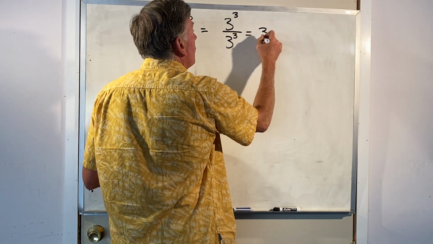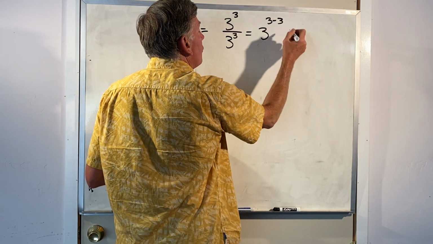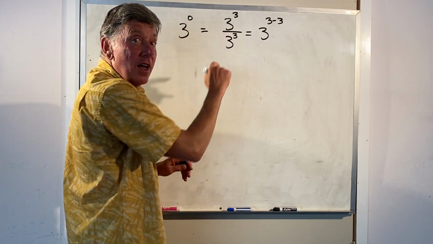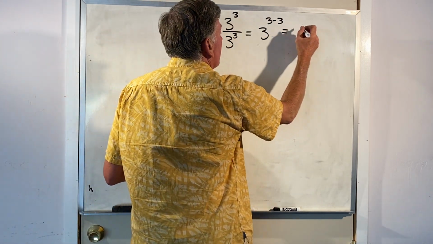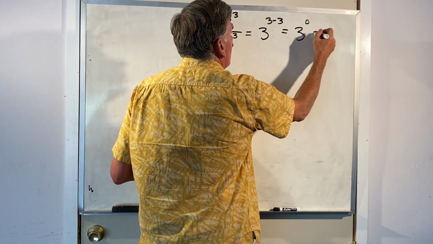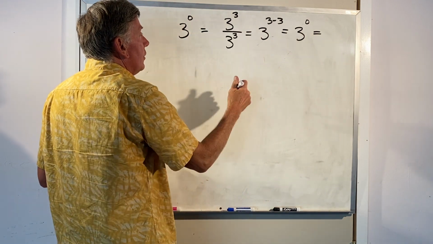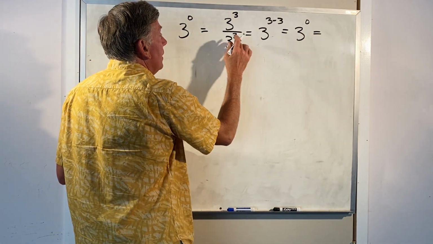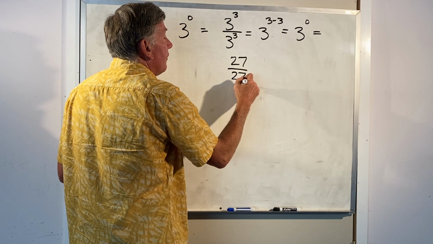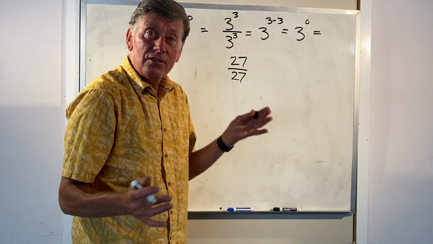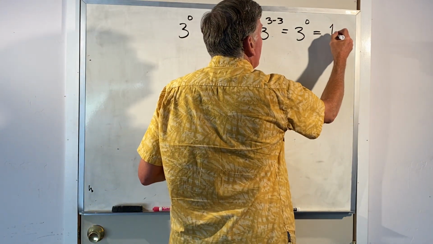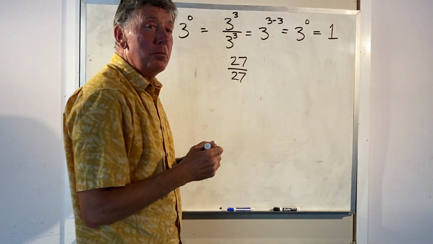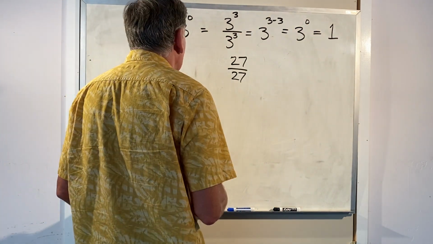That's equal to 3 to the 3 minus 3 power, because this is in the denominator. And this is then 3 to the 0 power, which is, well, 3 cubed is 27. Bottom, 27. 27 over 27 is 1. And so we have defined anything to the 0 power as equal to 1.